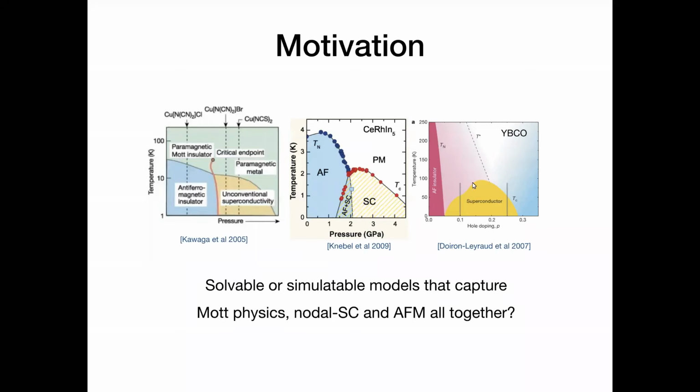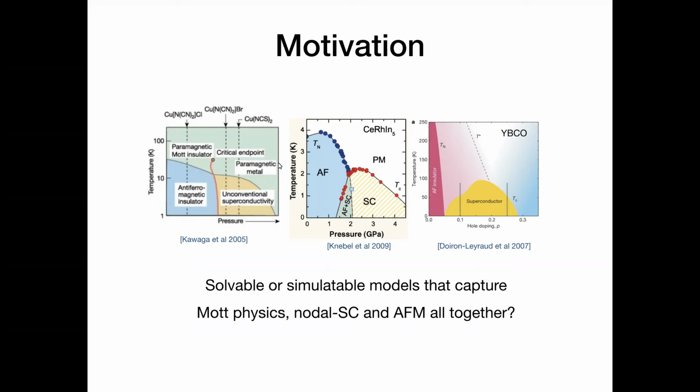As you know, high temperature superconductors host d-wave superconductivity, and there are so many heavy fermion materials which have unconventional superconductivity. And perhaps much more relevant to this talk will be systems which are Mott insulators close to unconventional superconductors.